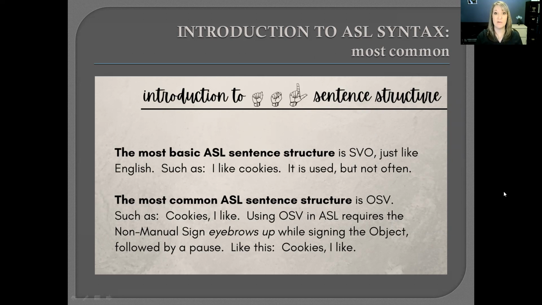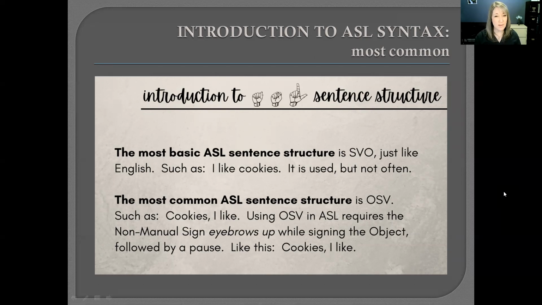If you sign it in that order, it makes sense in ASL. It is used, just not that often. It's very, very basic. The most common ASL sentence structure is actually OSV, object, subject, verb. So for example, cookies, I like.